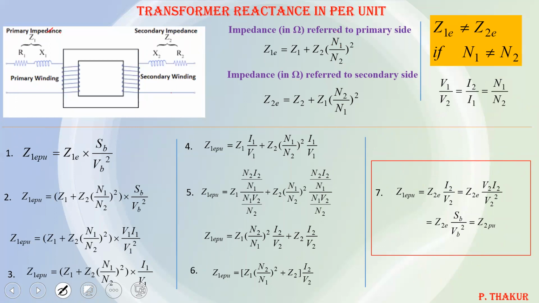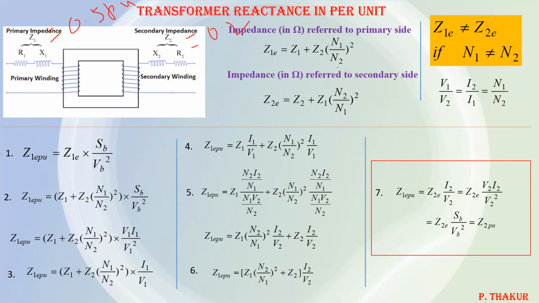Suppose Z1 is 0.5 per unit and Z2 is 0.2 per unit, and I am asking you, calculate the value of total impedance of the transformer referred to the primary.